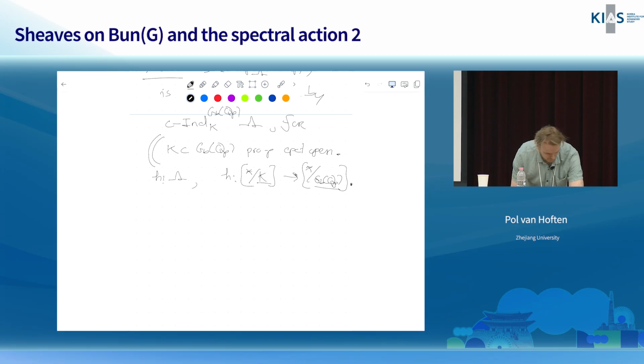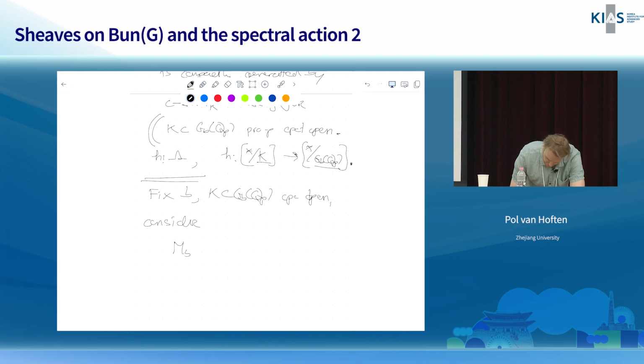Okay, so I'm going to look at the following map. So fix b and K in G_b(Q_p) compact open. And I'm going to consider my M_b tilde. So M_b tilde maps to M_b, and this is a G_b(Q_p) torsor, so I can quotient out by K. Okay, and then this map is going to be tau.